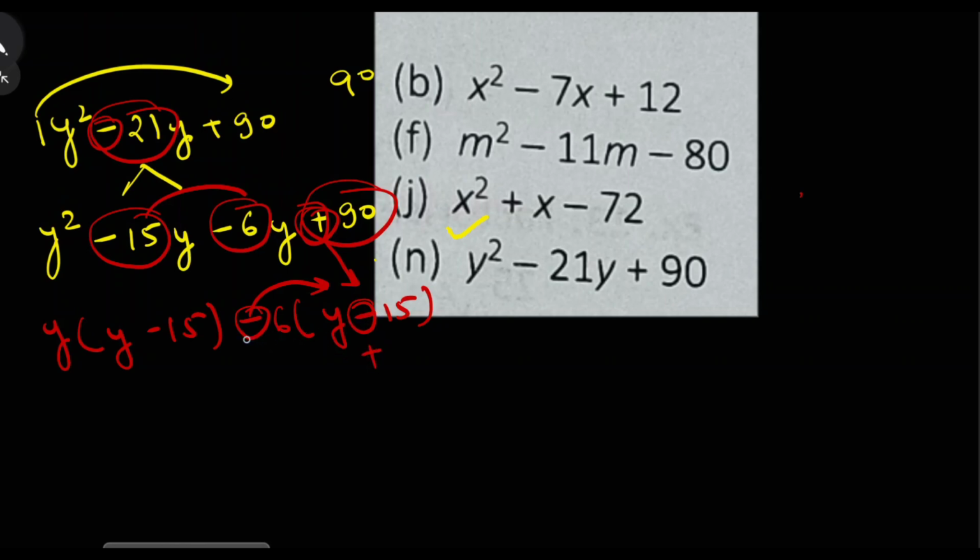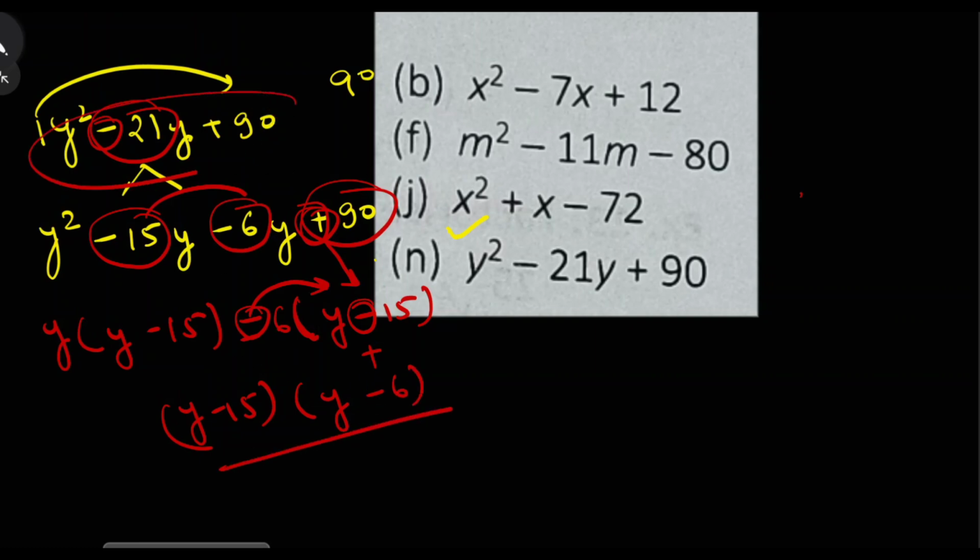So when you have taken the minus as a common outside the bracket, then minus is also taken from here. Understand? So now taking y minus 15 as a common, we are left with y minus 6, and here it is a factor of this quadratic expression.